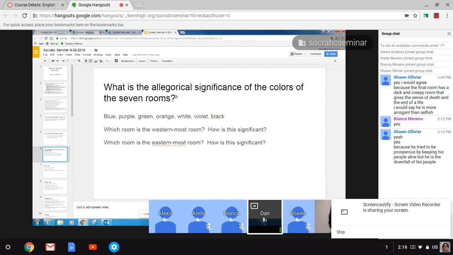Now, when we think about the West, what do we think of? No, the blue room is the easternmost room. When we think about the East, what do we think of? What happens in the East every morning?